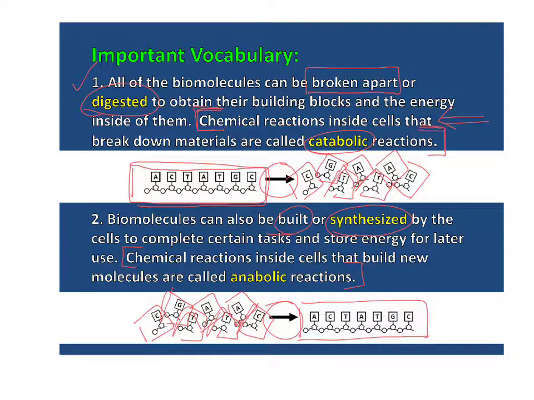Chemical reactions inside cells that break down materials are called catabolic reactions. So they want you to understand that catabolic reactions digest biomolecules. That was on the STAR last year.